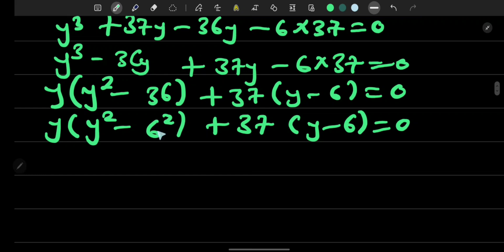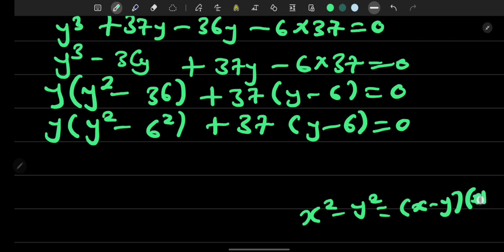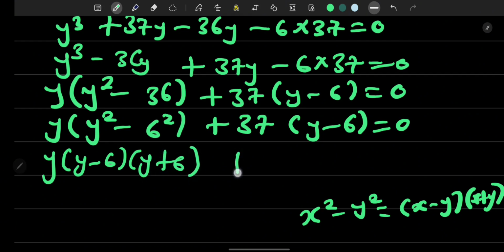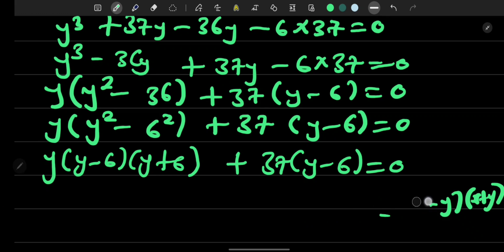Okay, so y squared minus 6 squared is a difference of two squares, and for a difference of two squares of this form, x squared minus y squared, we said this is going to give us what? x minus y and x plus y. Okay, by implication, this should be y minus 6 and y plus 6, then plus 37, then y minus 6 equals 0. Okay, what do you think we're going to do next here?